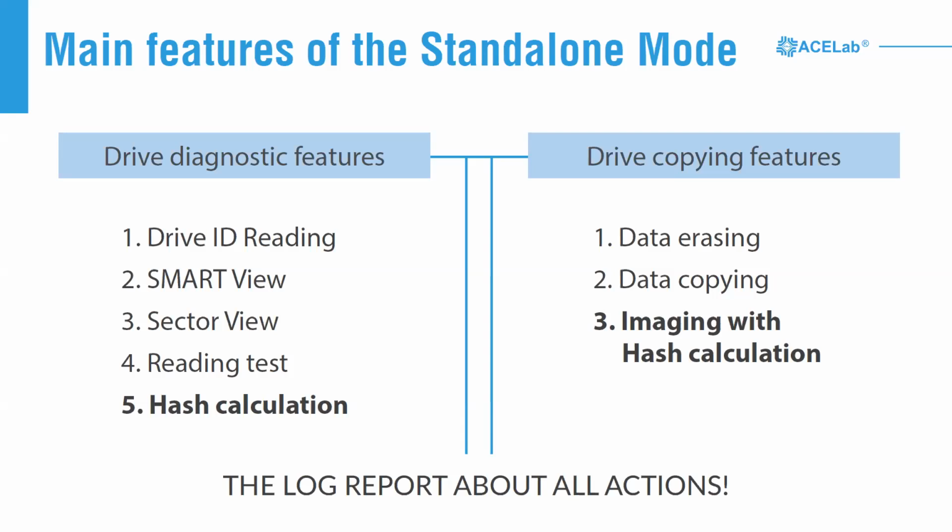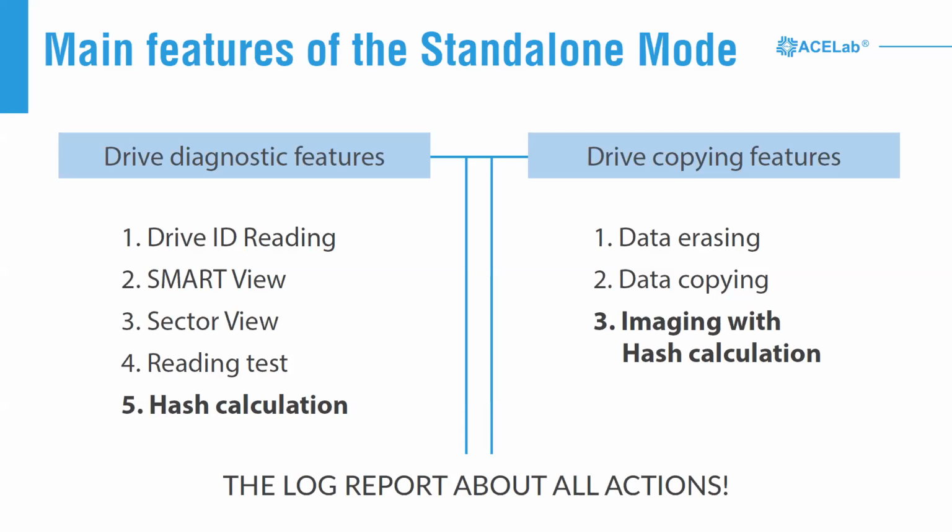If we're talking about copying features, actually just a few features are available. The first one is imaging with hash sum calculation, as I said before. Another one is data erasing, if you want to destroy the data or prepare the hard disk drive for further cloning.